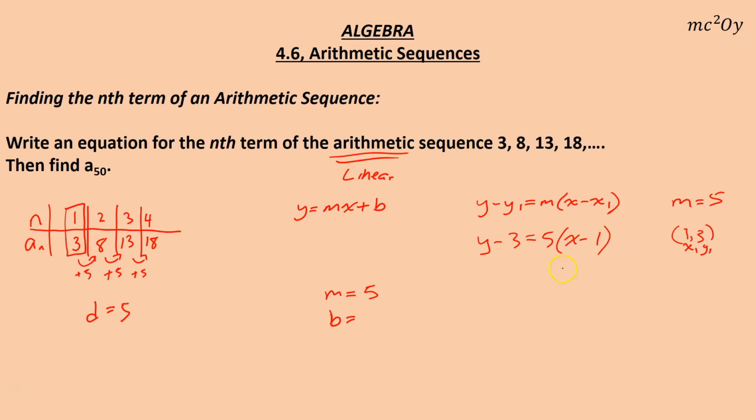Now, the first thing I'd want to do, if I was going to put this in slope-intercept form, is distribute and move that 3 over. So y equals, I'd have to add 3 to both sides. I get 3 plus 5 times x minus 1. For those of you who are like, whoa, what did you just do?